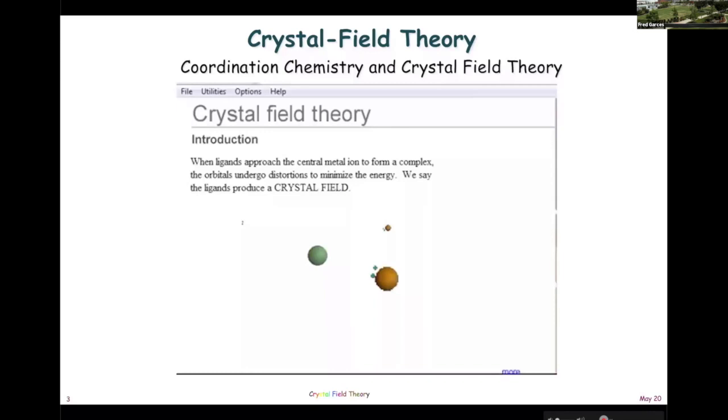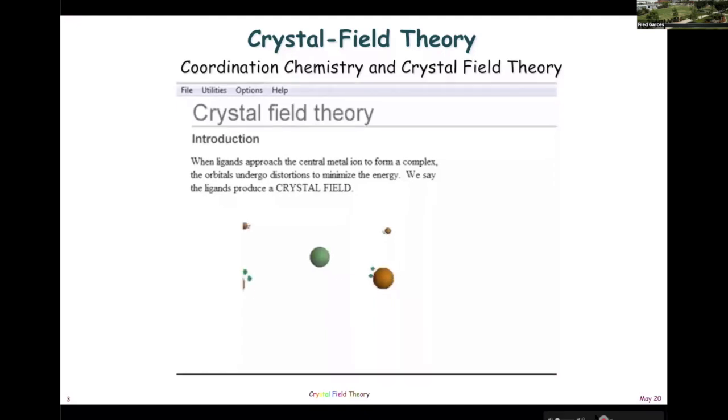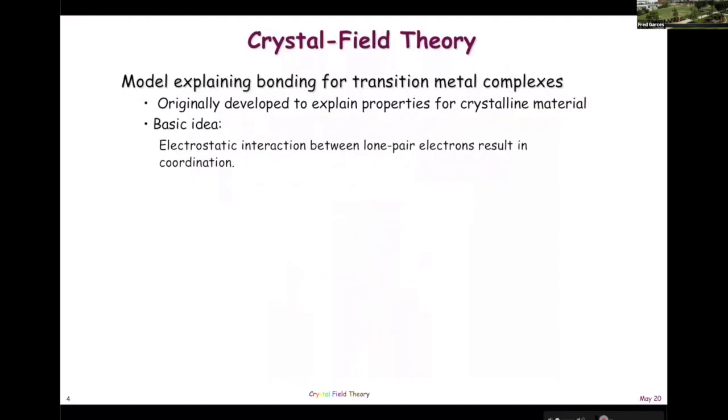When it upsets the d orbital, it causes something called a perturbation, and it causes the energy to differ, then it causes a phenomenon in which the energetic field around the metal is altered. Okay, so that's what we mean by crystal field theory.